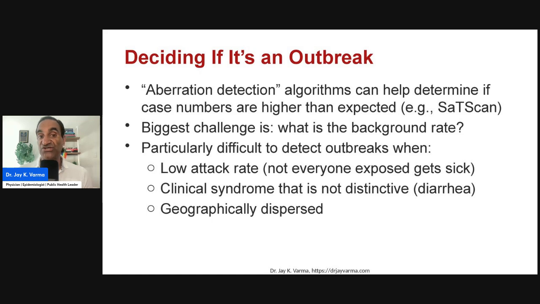And it could be geographically dispersed. So if you have a condition where some people get sick and other people don't when they eat a certain type of food, that some people get diarrhea, other people don't at all, or lots of people might be getting it for whole other reasons, and the cases are occurring in multiple different states, it can be very hard to even detect whether or not that is an actual outbreak.